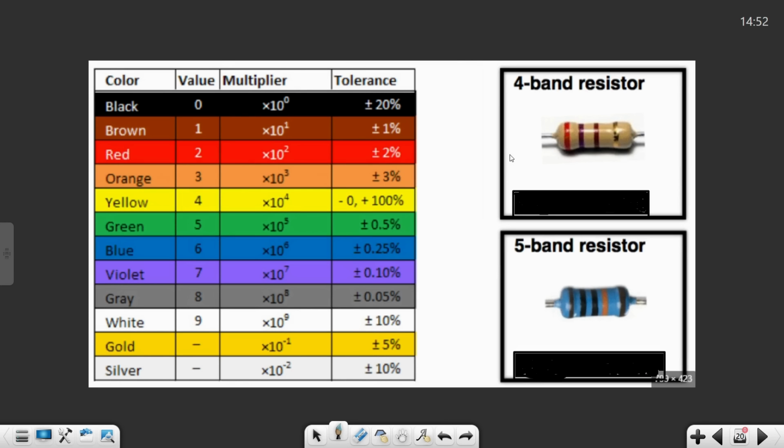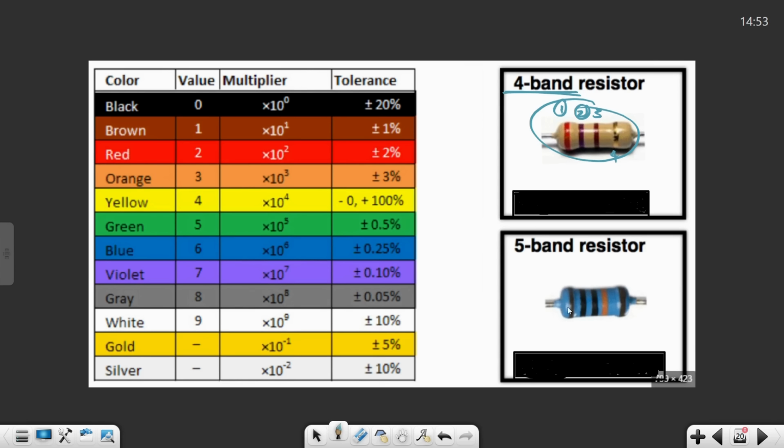Alright, so as you can see over here, there are two resistors and we need to find out the value for these two resistors. The moment you see any resistor, the first thing you should focus on is the number of bands present. For this particular resistor we have 1, 2, 3 and 4 bands. So this is a 4 band resistor, and in fact it is mentioned over here.